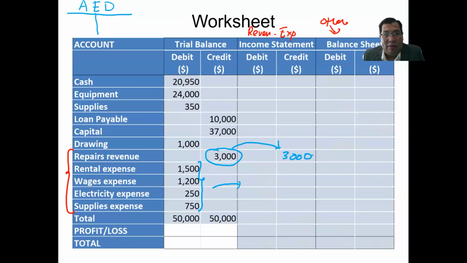For liability, capital, and revenue, the plus increase is on the credit side. So the normal balance for expenses is on the debit side, and I'm just transferring everything here.